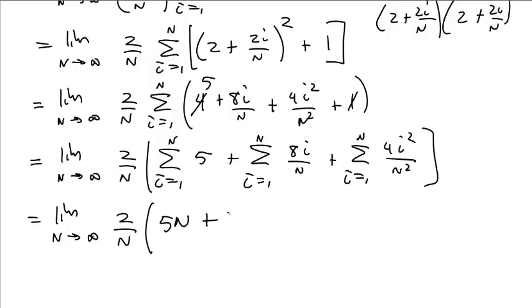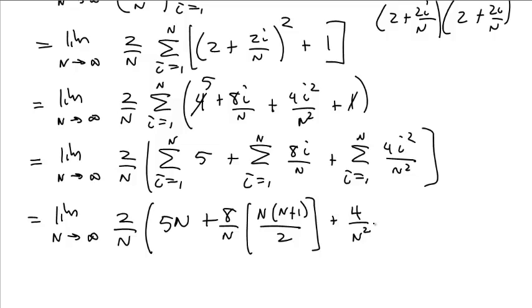Well, we can take the 8 over n out of all of that, and then we just have the summation of i. That is 1 plus 2 plus 3 plus 4 plus 5 up to n. And that we figured out is n times (n plus 1) over 2. What Gauss did in elementary school. And this one, we can take the 4 over n squared out.